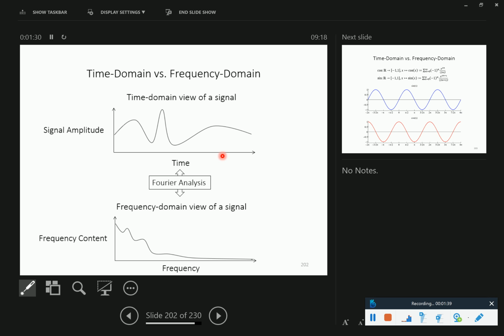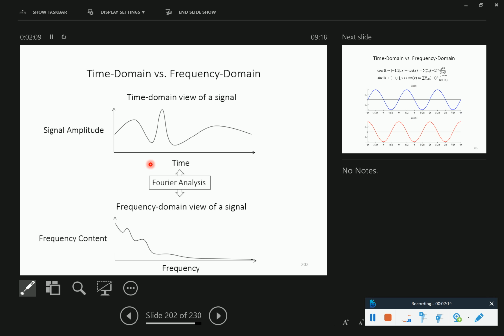that one can use the framework of Fourier analysis, or more specifically Fourier transforms, and even more specifically discrete Fourier transforms, and then for example the fast Fourier transform algorithm, to transfer such a signal into the frequency domain, where instead of looking at the signal's amplitude at a specific time, one looks over an entire time period and asks what is the frequency content of the signal in the entire time window.